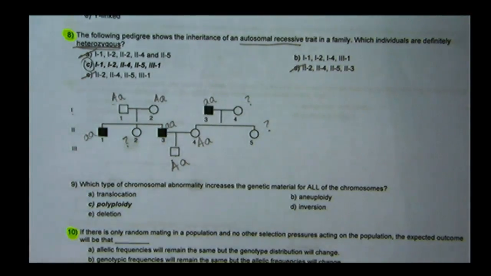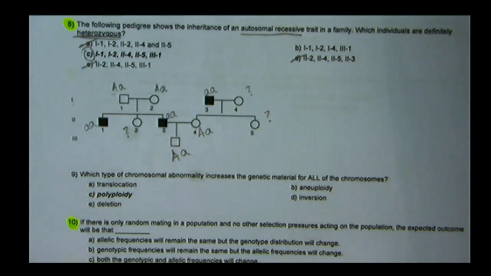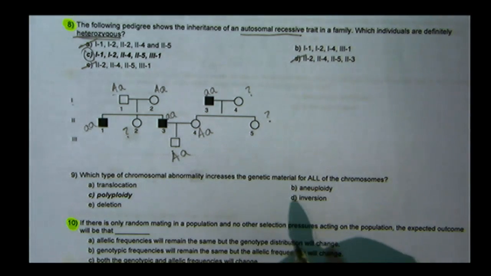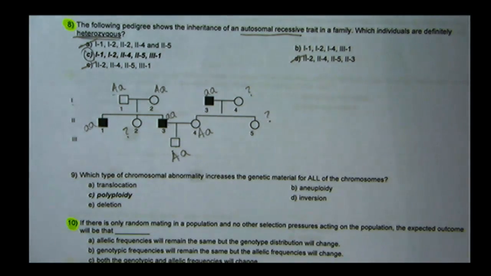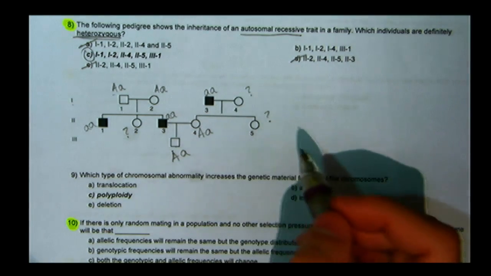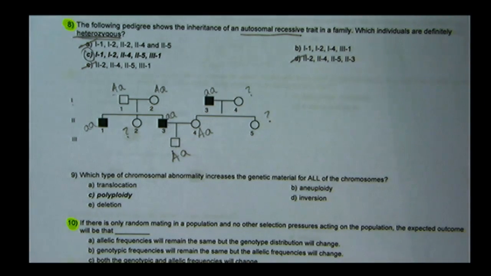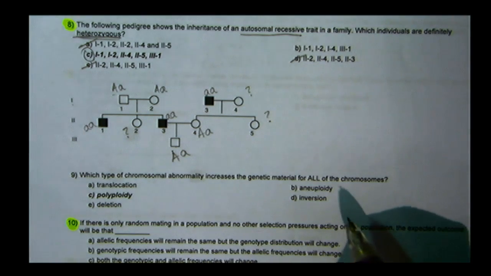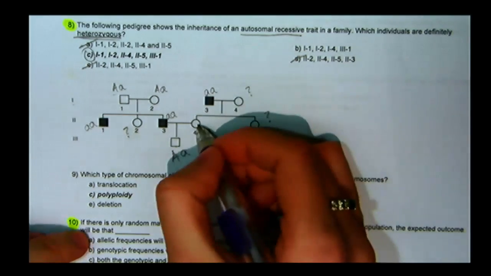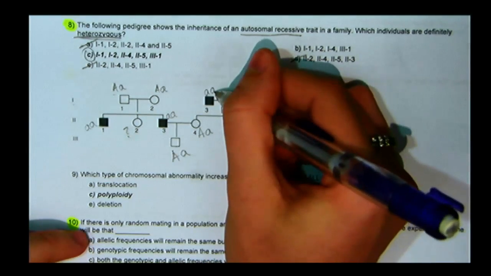Is that clear to everyone? This is kind of an involved process. Generation 2, which individual? 4, right, because it's not affected, so it has to have the big A, but it did get this little a from the father.